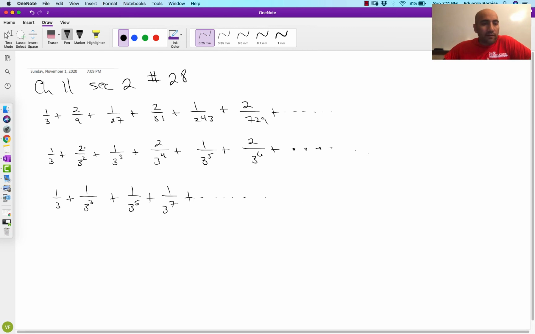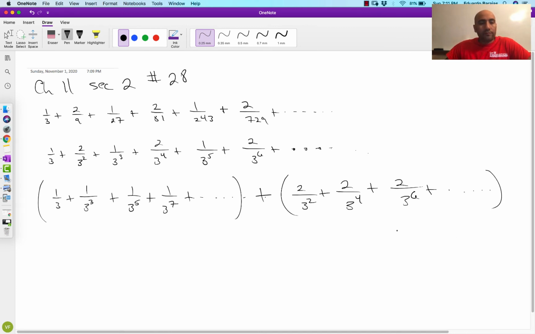So we took all the ones that have a numerator of 1, out to infinity, and I'm going to add it to this other one, which is going to be all the ones that have a 2 in the numerator. So 2/3 squared plus 2/3 to the 4th power plus 2/3 to the 6th power plus dot dot dot forever.